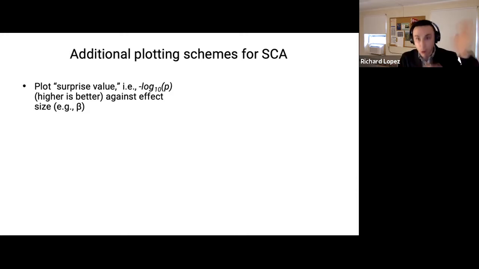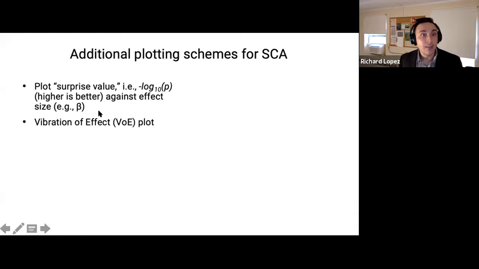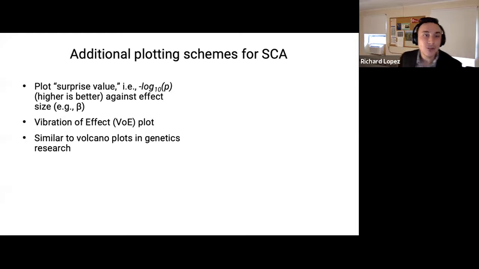So you plot surprise value, higher is better, against the effect size, for example, betas. And this is what's known, I really like this, as a vibration of effect plot, a VOE plot. Interestingly enough, this is actually quite similar to volcano plots in genetics research, where you're looking at potentially many thousands of candidate genes and their effects on other variables of interest.